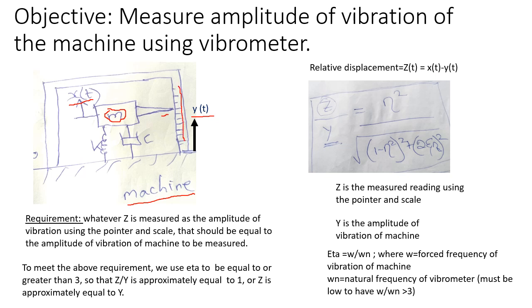This scale is fixed to this frame. This frame is vibrating along with the machine, so this is the frame, and it is vibrating with the machine with y of t, and this mass is vibrating with x of t.